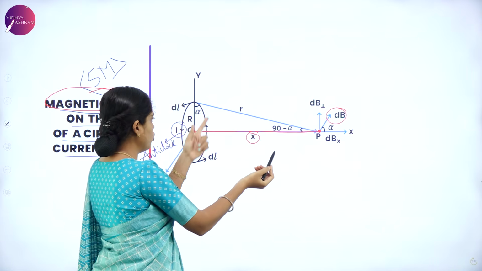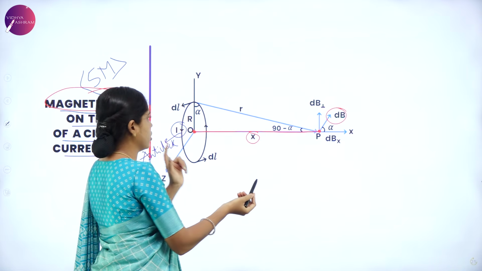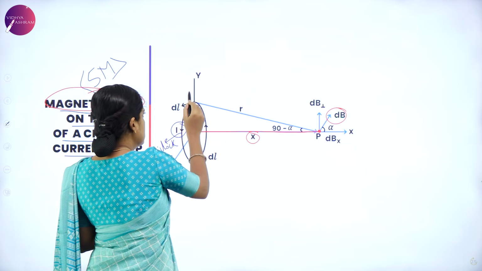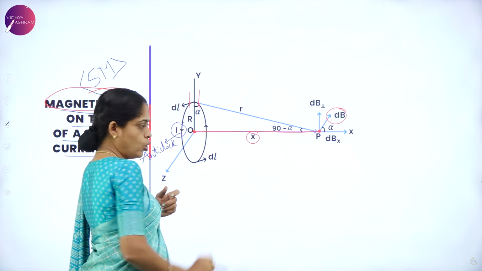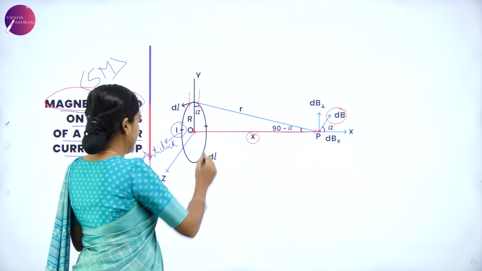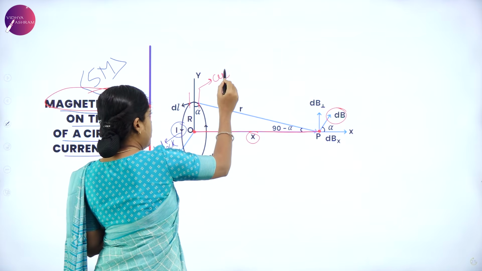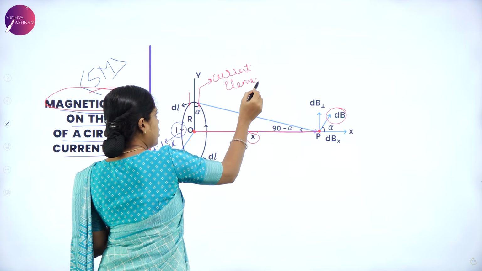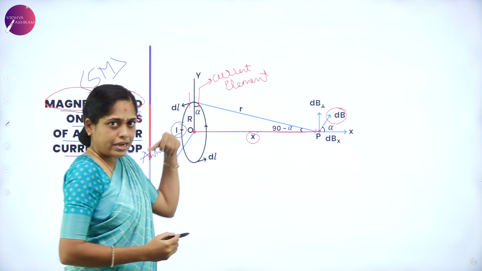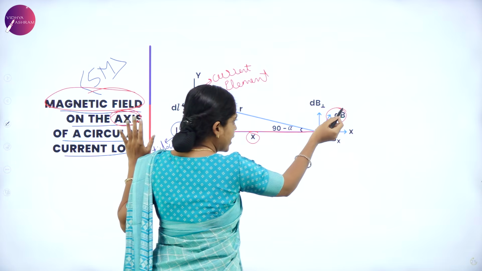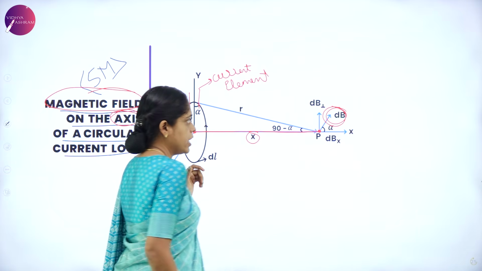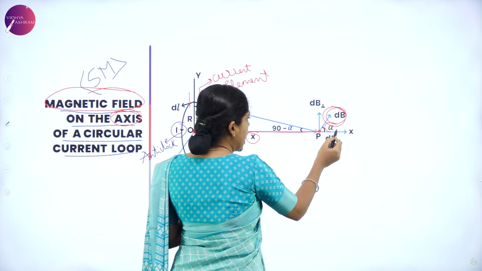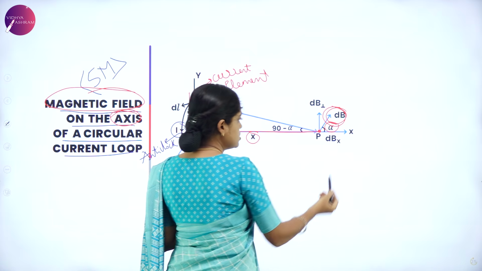So, I consider a point P which is at a distance x from the center. Let us consider a very small segment in this circular loop, that is the current element. Due to this current element, the direction of magnetic field at point P is in the plane, and it makes an angle alpha with the x-axis.